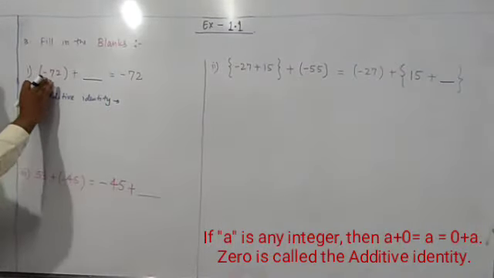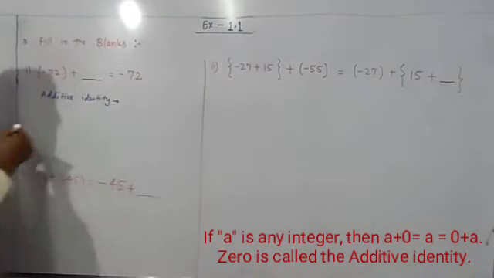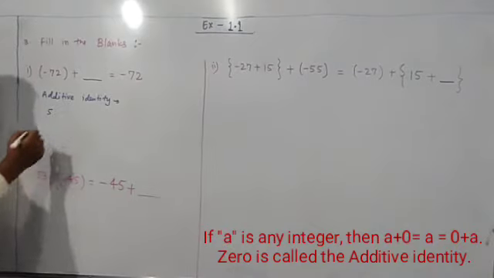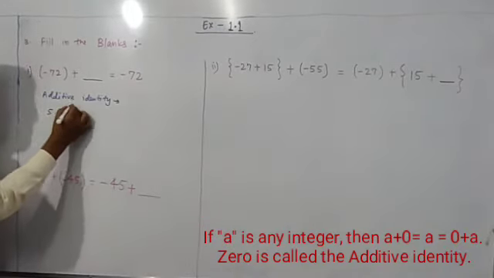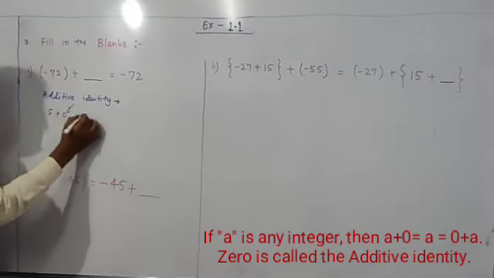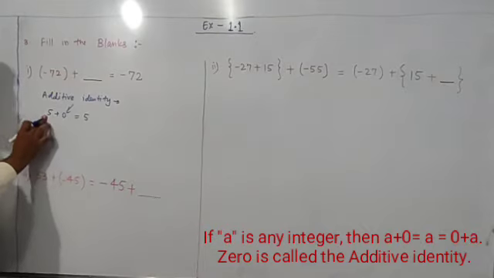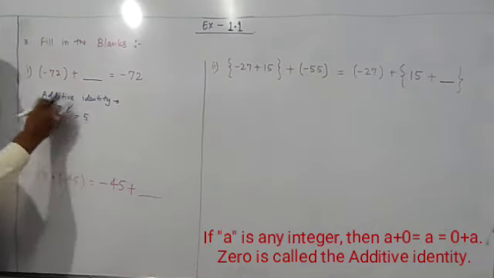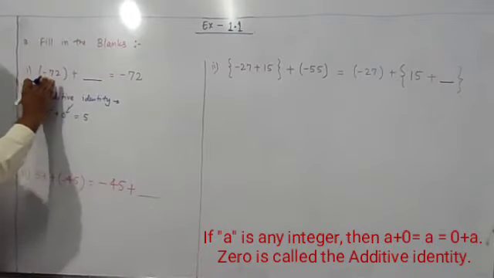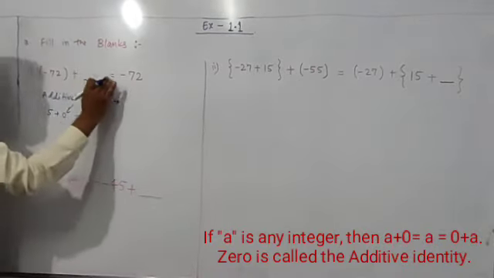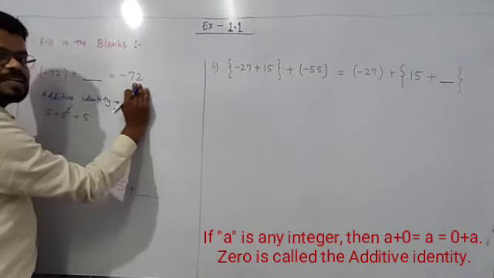Here, this is minus 72 plus blank is equal to minus 72. So something like 5 plus 0. 0 is the additive identity. So 5 plus 0 is 5. Whenever we add the additive identity to any number, we get the same value as the answer. So here this is minus 72 and after the equal sign we get the final answer, also minus 72.